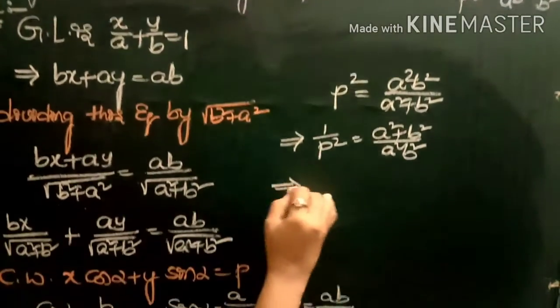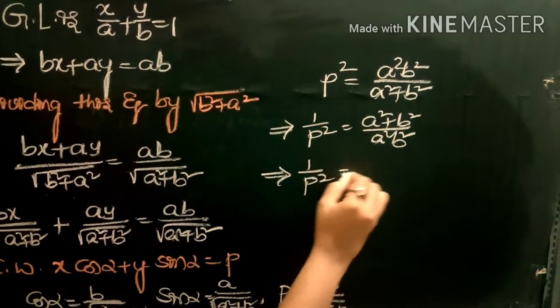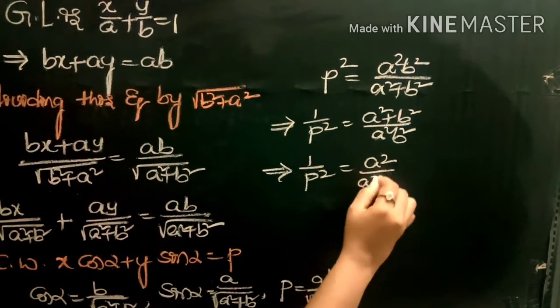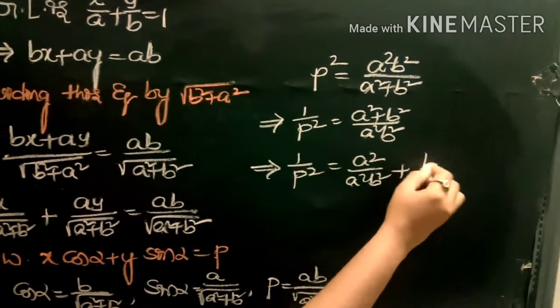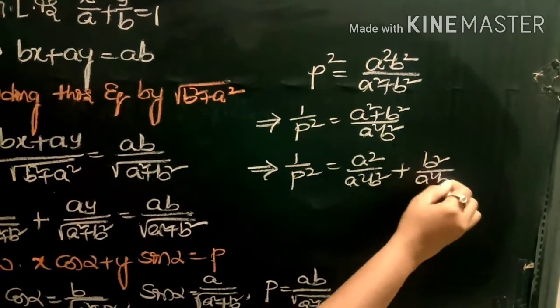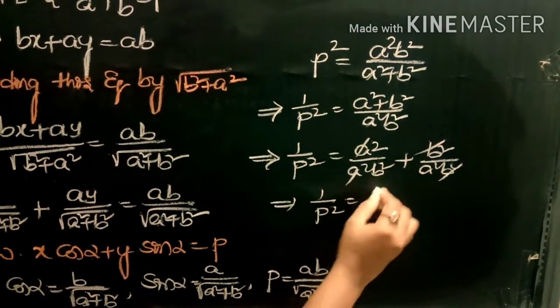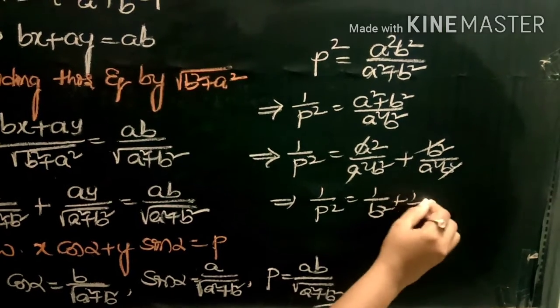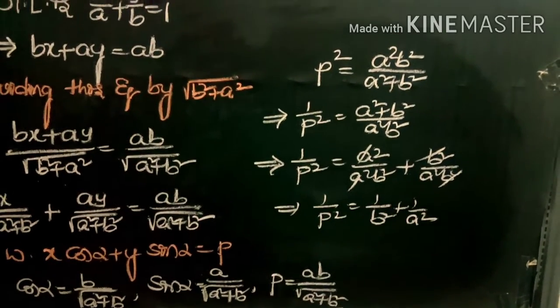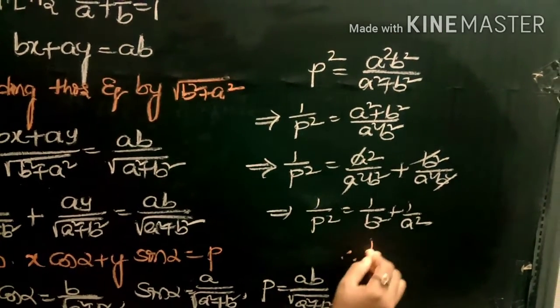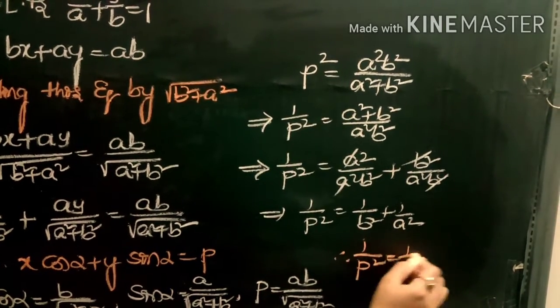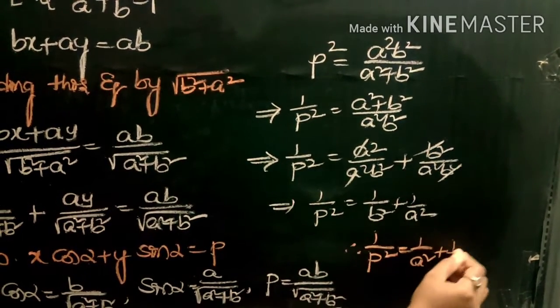Now separating the numerator, 1 by p square is equal to a square by a square b square plus b square by a square b square. This is equal to 1 by b square plus 1 by a square. Therefore the answer is 1 by p square is equal to 1 by a square plus 1 by b square.